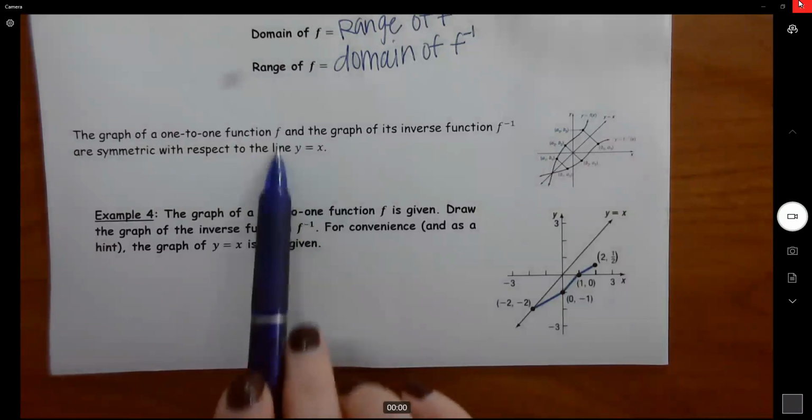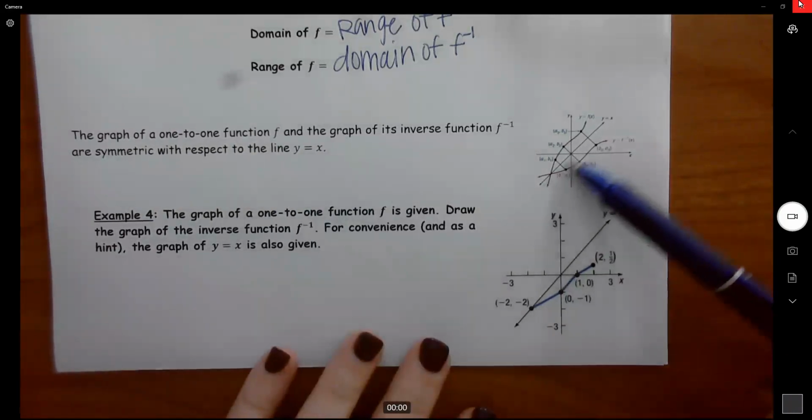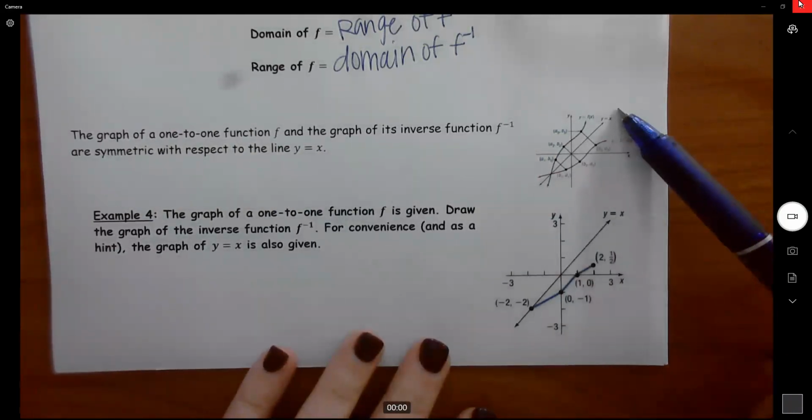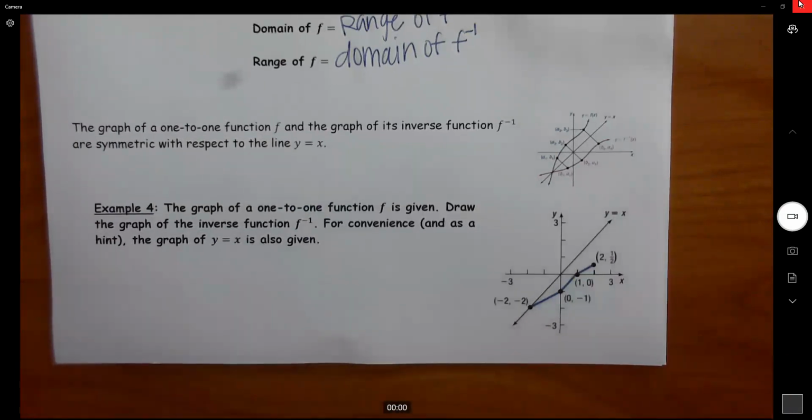This is another key graph here where you just have that straight diagonal line. So example 4, the graph of a one-to-one function f is given. Draw the graph of the inverse function. For convenience and as a hint, the graph of y equals x is also given.